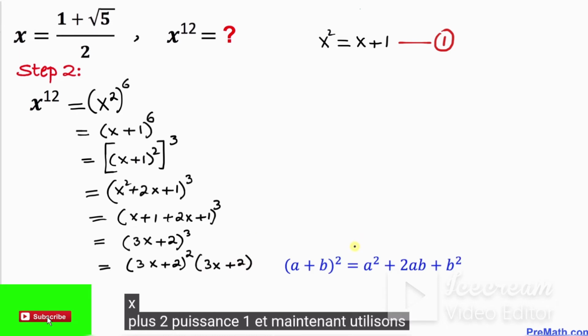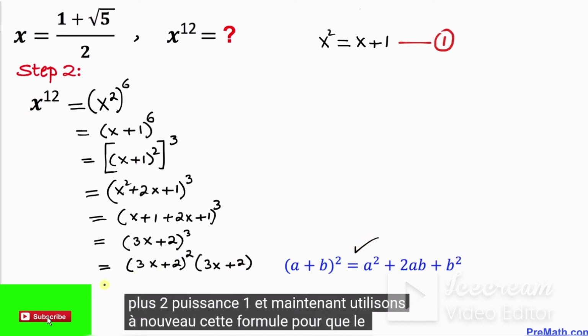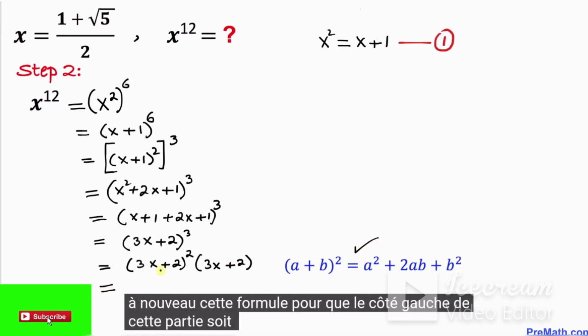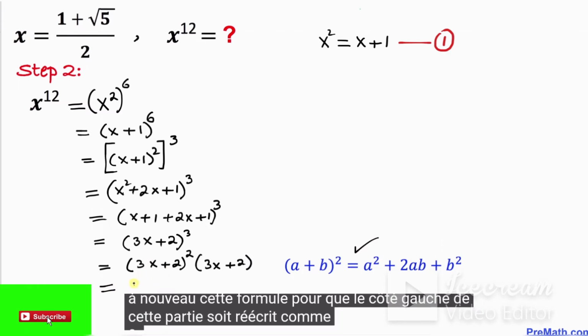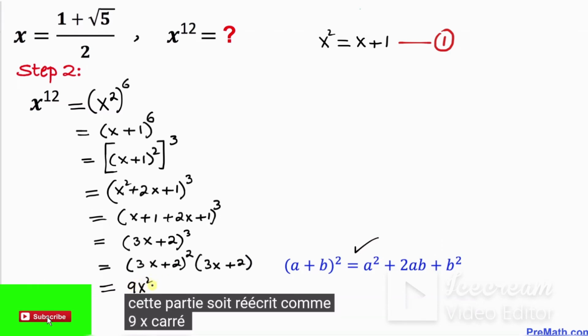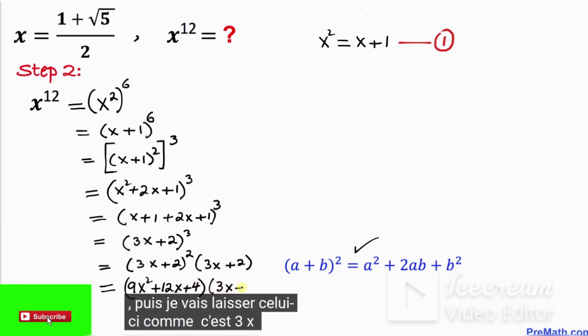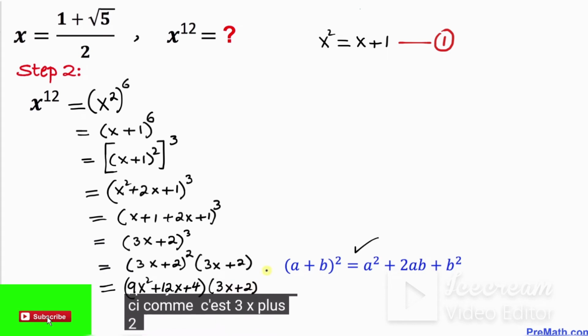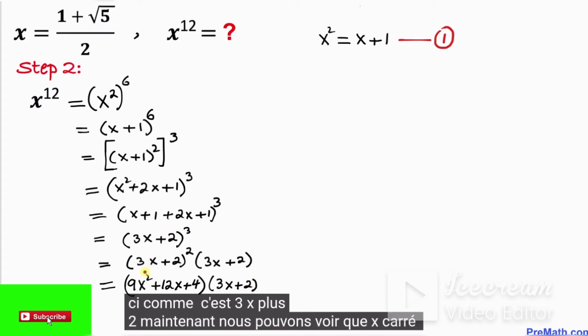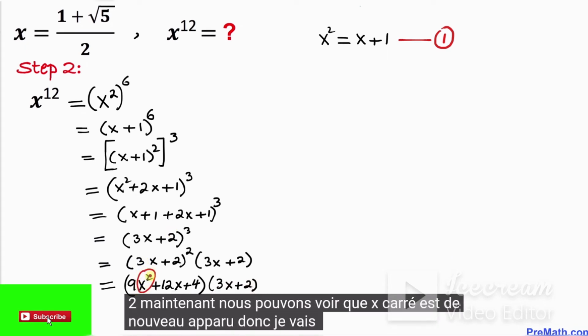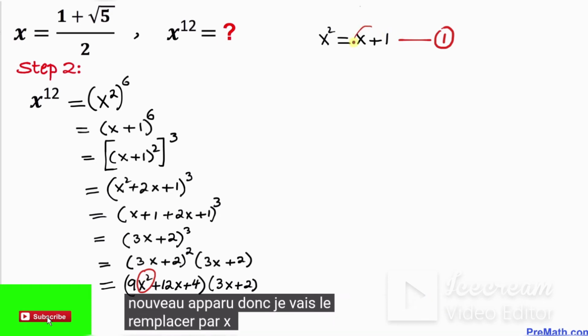And now let's use this formula once again. The left hand part is going to be written as 9x square plus 12x plus 4, and then times, I'm going to leave this one as it is, 3x plus 2. Now we can see that x square once again showed up, so I am going to replace it by x plus 1 from equation 1.